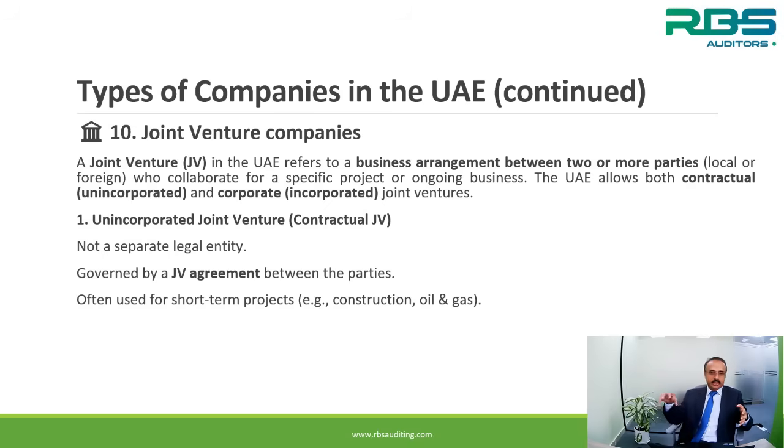For example, in an unincorporated joint venture, company B and company C are involved and make an agreement in the court to jointly do the construction of a road or a bridge or something. It is purely on a short-term basis. Then that joint venture may be treated as a taxable person.